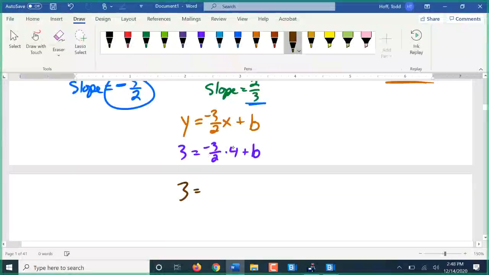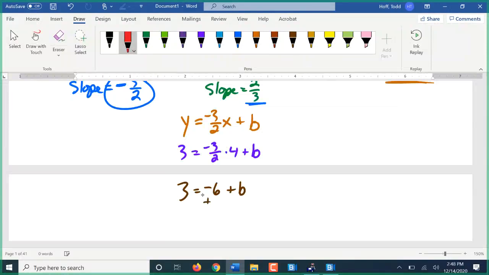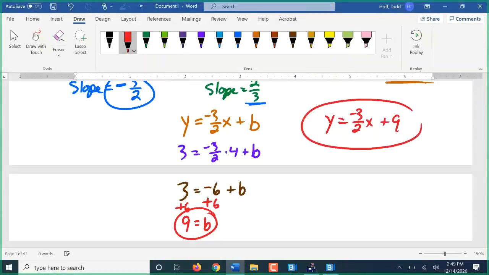Negative 3/2 times 4 is negative 6. And we add 6 to get rid of the negative 6. 9 equals b. So the equation is y equals negative 3/2 x plus 9.